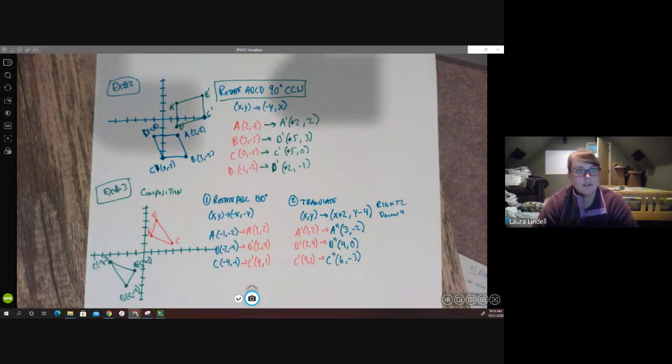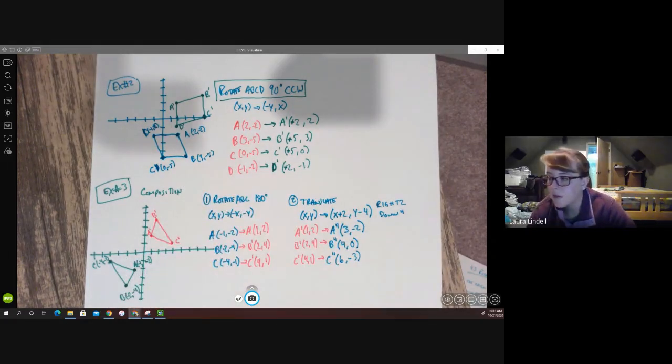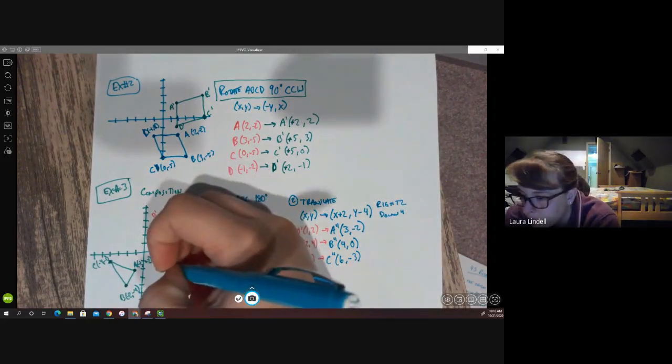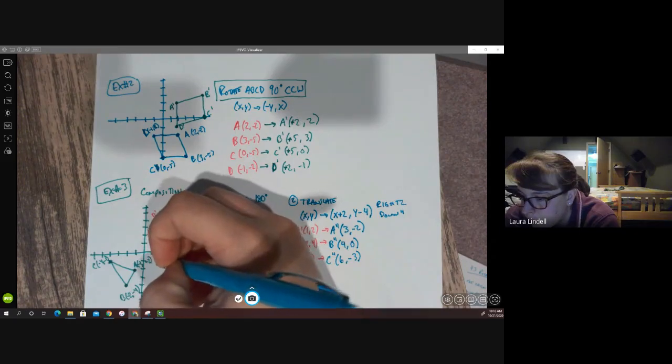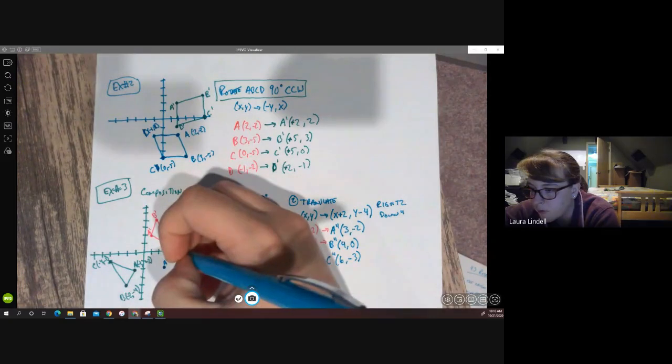Or you could count. Either way. You can go right 2, down 4 if you want to. So for A double prime, we are going to end up with over 3, down 2. For B double prime, we're going to end up with over 4, up 0.